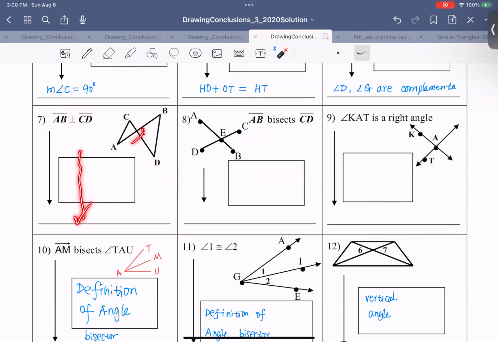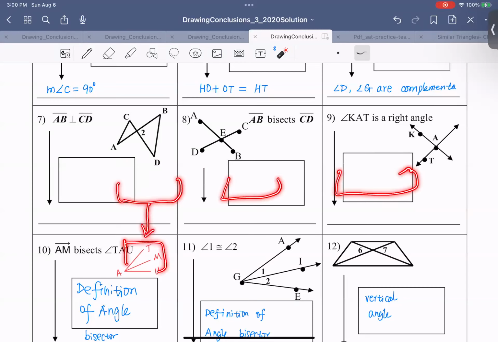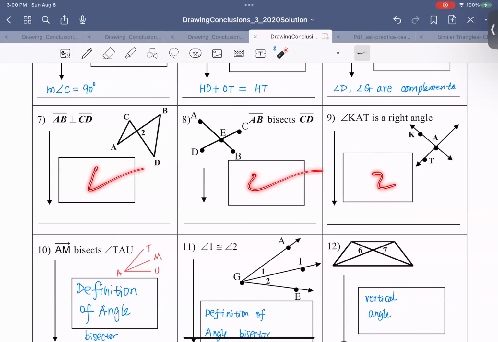Say, oh, that angle is a right angle. Oh, this gives these 2 congruent. Oh, this is saying these 2 lines are perpendicular. So you found the given, which is the edge of the puzzle, and you push one more step. That's what we are doing right here.